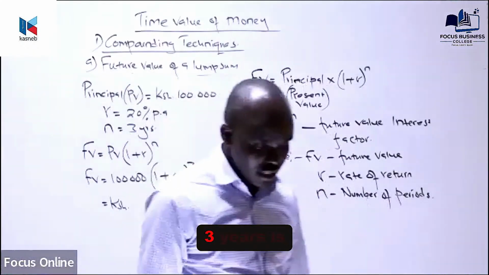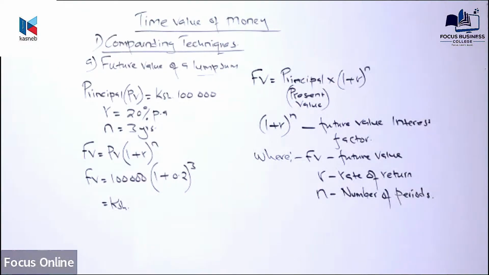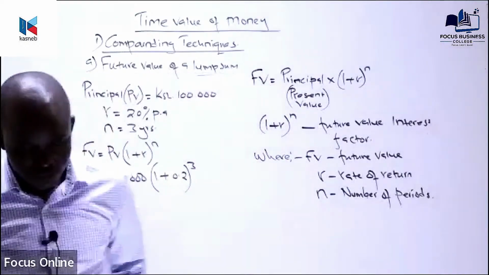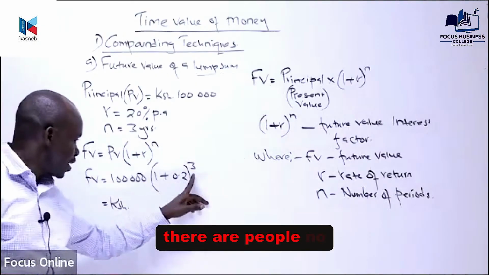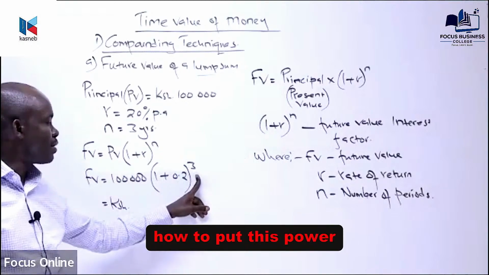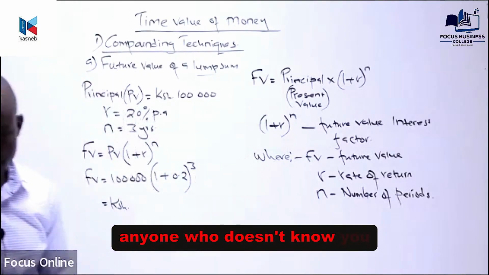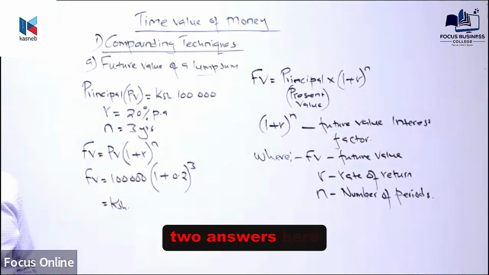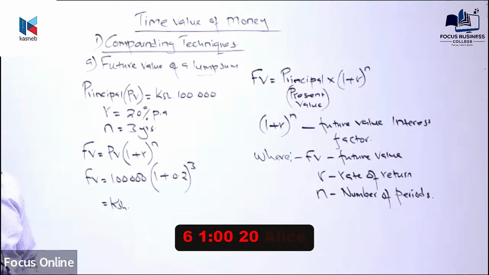So get the value of the investment after 3 years. How much are you getting? You must know how to put this power 3 in calculators. Anyone who doesn't know will be assisted. We have two answers here: 172,800 and 106,120.